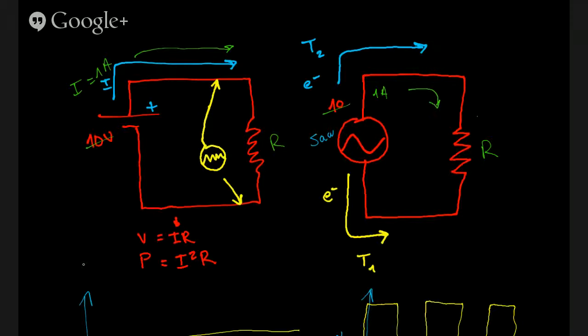1 amp. Right? And we know from Ohm's law that we're wasting current here in the form of heat. So let's say we measure that to be, I don't know, 100 degrees.